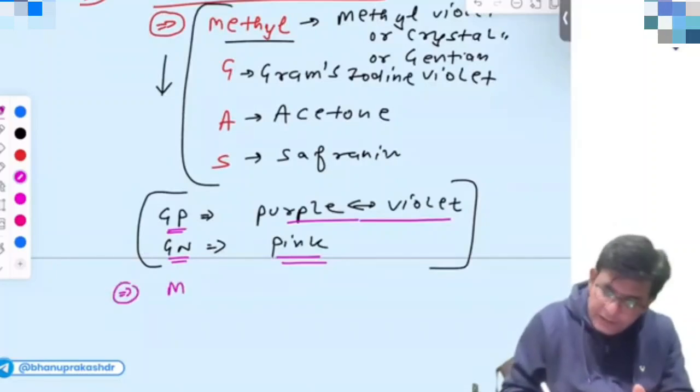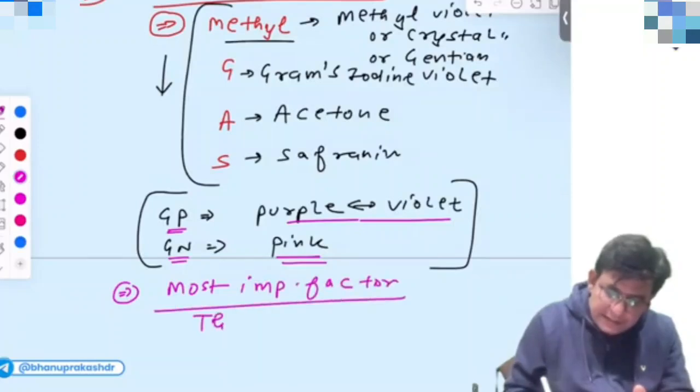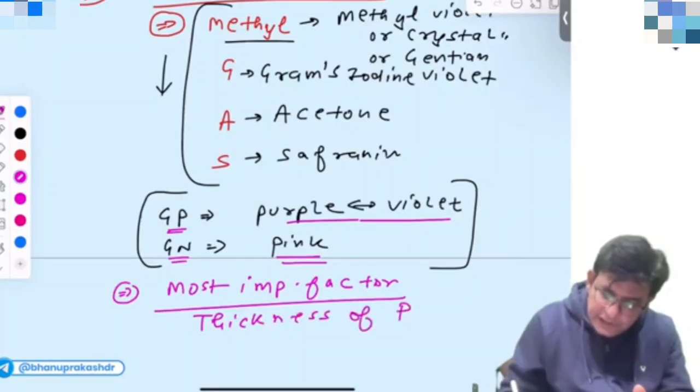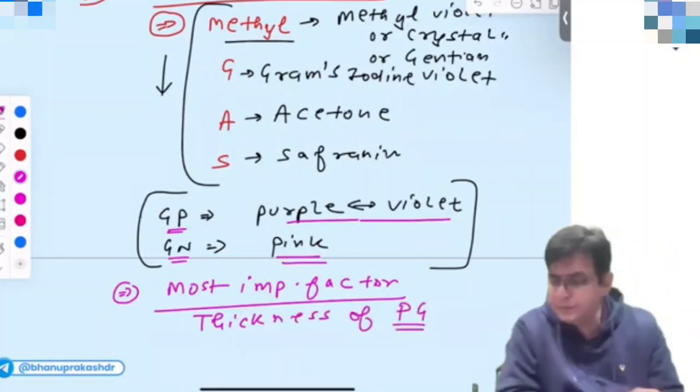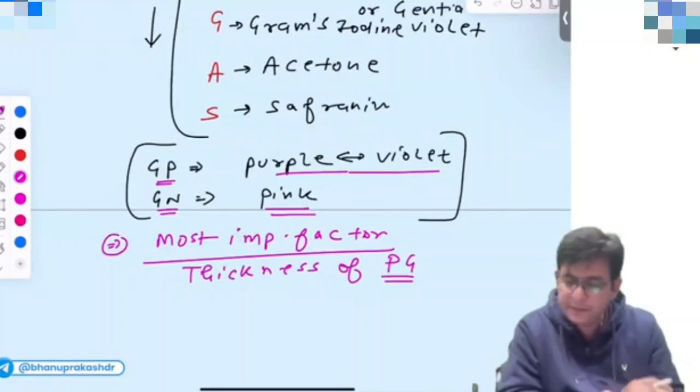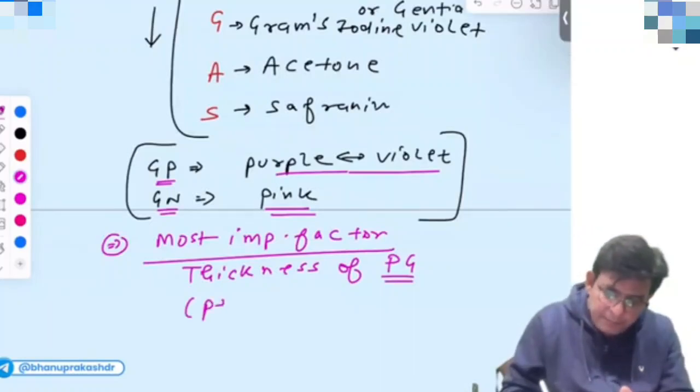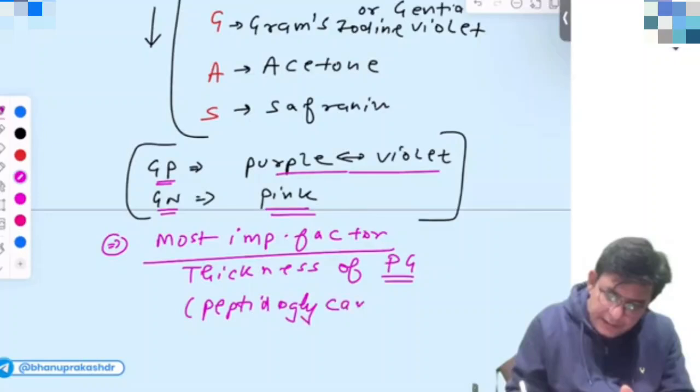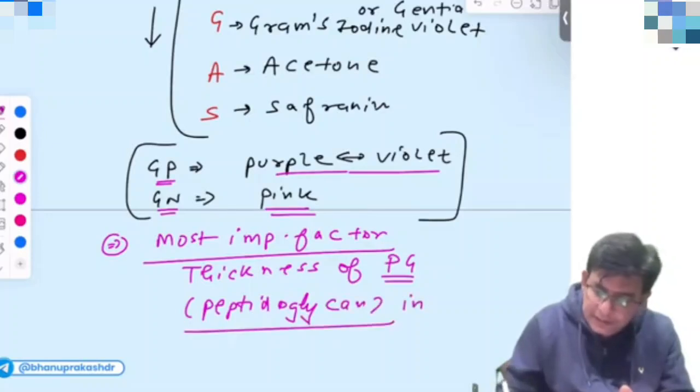The most important factor is the thickness of the PG. What is PG? PG is peptidoglycan. And this peptidoglycan is present in the cell wall.